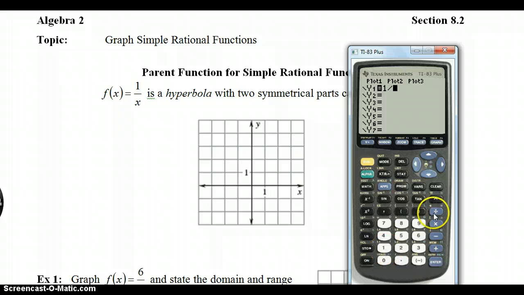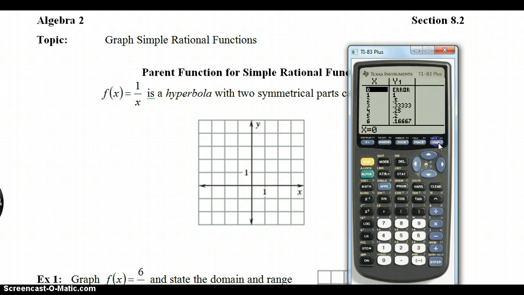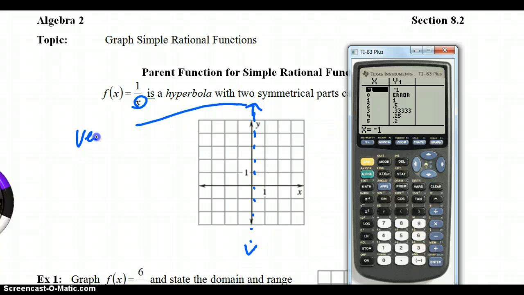So again, if you just punch in 1 over x and graph it, the calculator looks a little weird. Let me show you how we're going to get to some points. We're going to end up with an error again. And what does an error mean? If I stick in 0, I can't divide by 0. So we're going to end up with what we call a vertical asymptote.